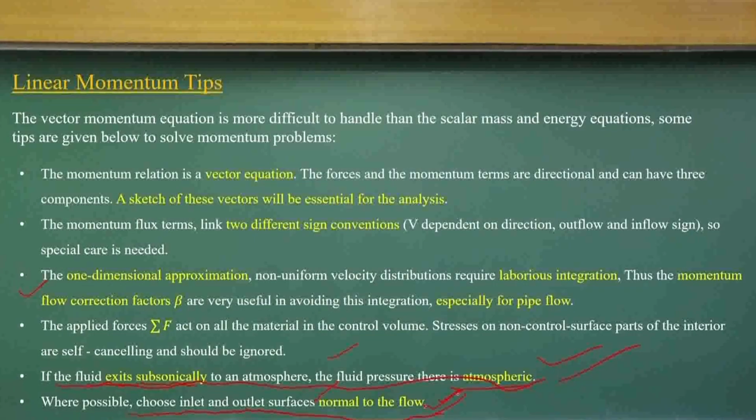And the last point, already discussed: we always choose the control surface such that the normal vector and the velocity vector have an angle of theta equal to 0 or theta equal to pi. These are the main tips before applying the linear momentum equation. Remember, it is very easy to solve any complex problem if you consider an appropriate linear control volume and clearly note your assumptions.